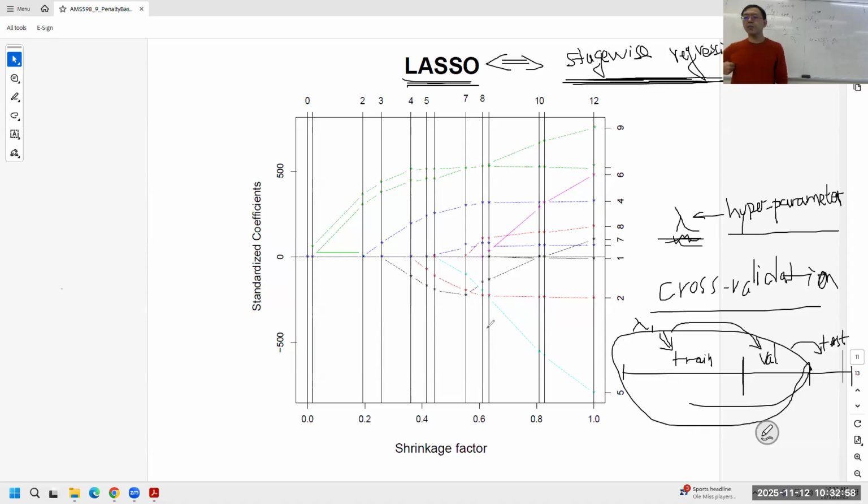These are topics that are all interconnected. It's not like lasso can solve every problem. It's just one method that can solve some problems. So you don't view this as the best method. You can combine it with other techniques in the future as well.